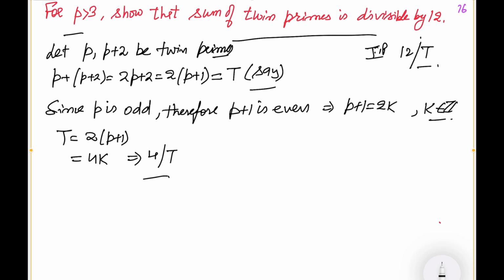We want to prove that 12 divides t. How do we prove this? By proving that the product of 3 and 4 divides t. We already proved 4. Now we try to prove that 3 divides t.